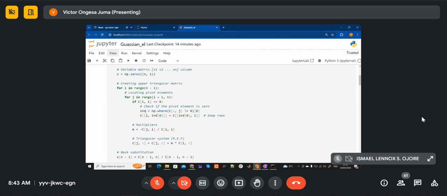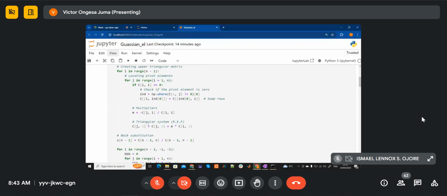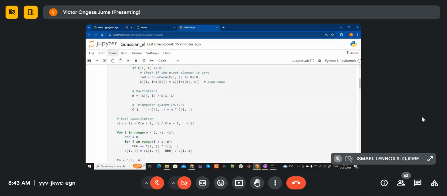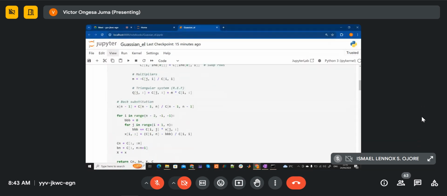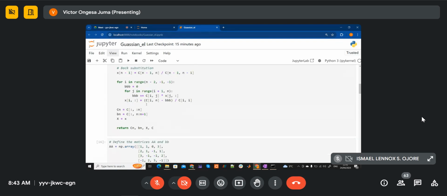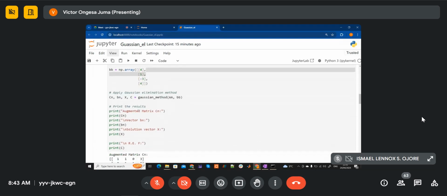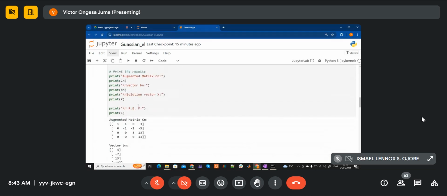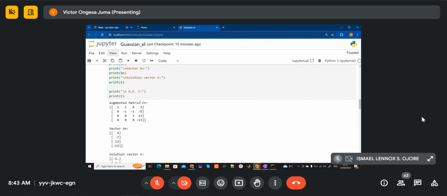If this y is equal to 0, then you are having this indices swap. Then you have minus CII. Then you multiply this by values, then you do back substitution. And then for i in the range of this. No, I think there is a mistake somewhere that I cannot understand. I will check the code.